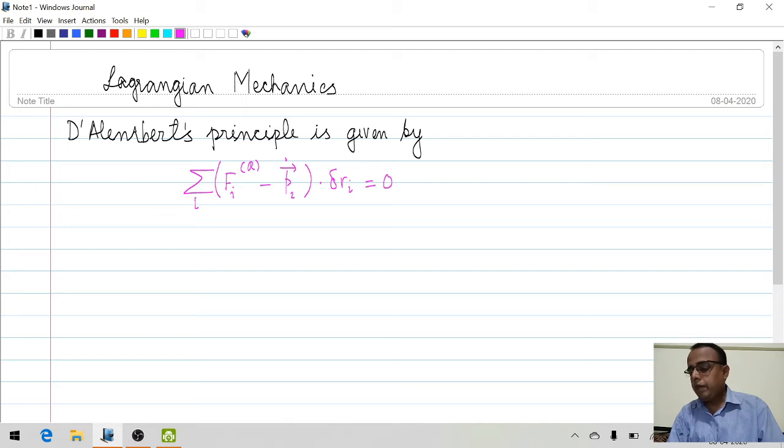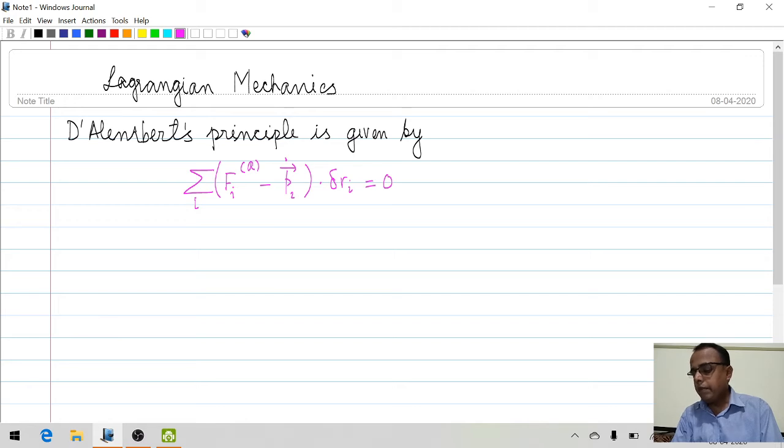Fi^a is the applied force which brings out delta Ri, the virtual displacement, and Pi bar is a reverse force which acts so that the system remains in equilibrium. Now there are two basic problems here.